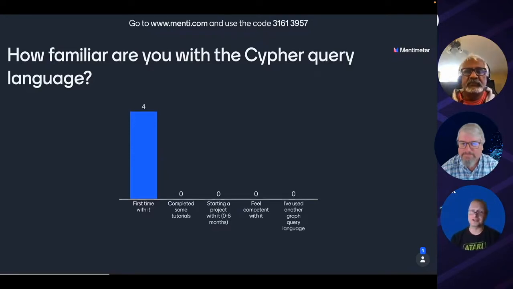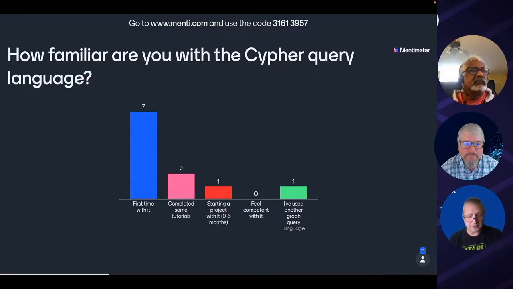Okay, so the big question for today: how familiar are you with the Cypher query language? Is this your first time with it? Done some tutorials? Have you done a project with it? Do you feel competent? Or have you used another graph query language like Gremlin, for instance? Hey, several first-timers on site.